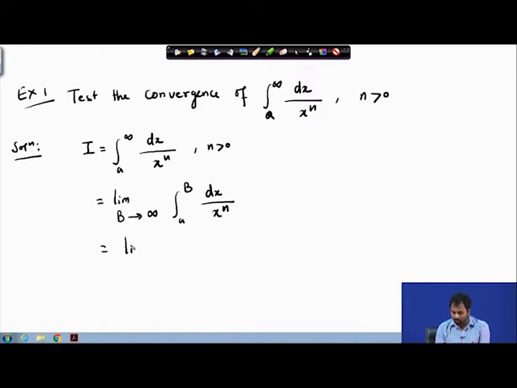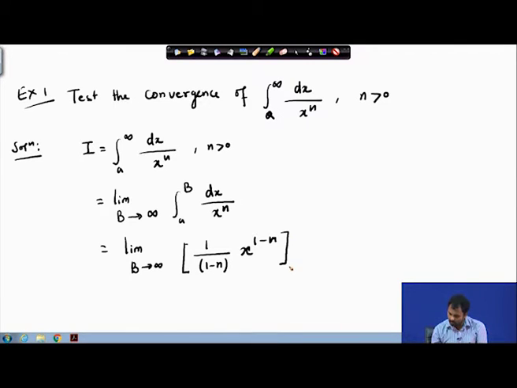Now evaluating this integral is fairly easy. We know the value of the integral would be 1 by 1 minus n times x to the power 1 minus n.